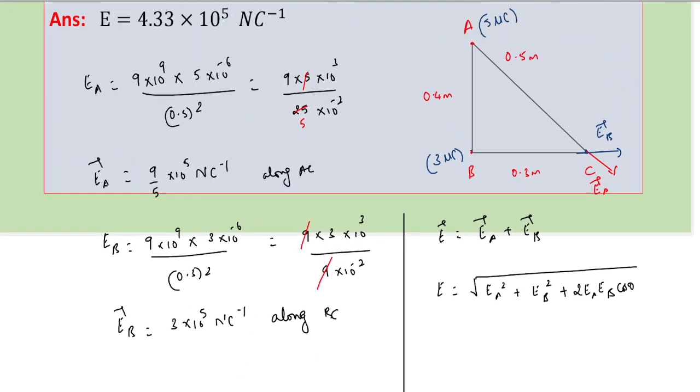In this case it would be this angle, but this angle is equivalent to this angle. If you call this theta, then from this triangle cos theta would be equal to 0.3 by 0.5, that is 3 by 5.